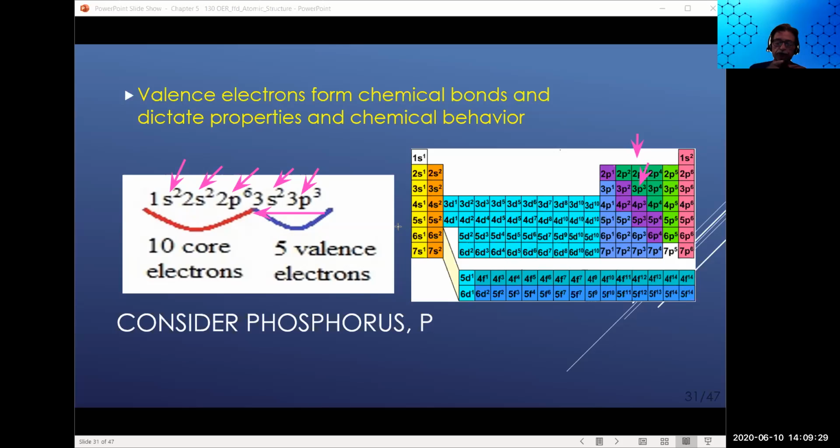And we can always use the periodic table to, one, tell us how many valence electrons they have, because the group that they're in tells us how many valence electrons.